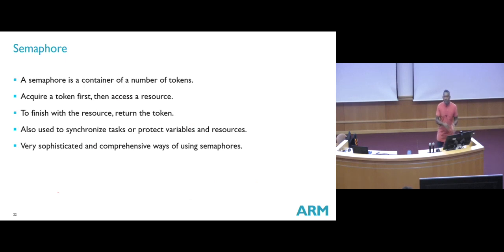Now there is another mechanism also provided by the OS. One is the mutex, the other is what we call the semaphore. A semaphore is used to manage resource allocation, and in some cases you may also use it to synchronize the behavior or flow of tasks.